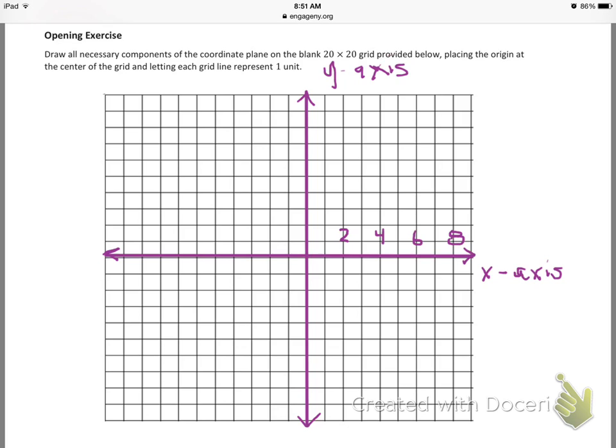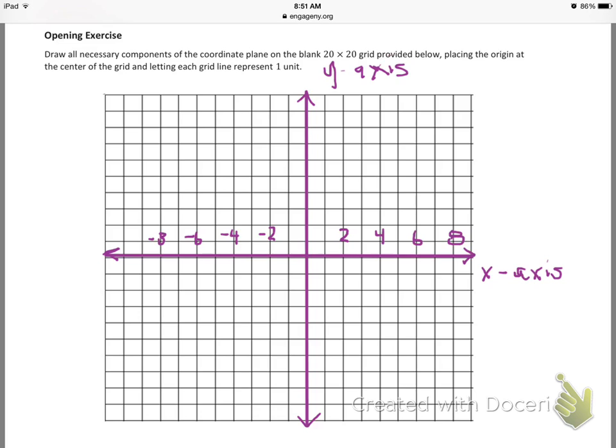Just for the sake of space, I could write in the numbers for 1, 3, 5, and 7, but it would get a little tight. So let me do a -2 here, and a -4 there, and a -6, and a -8, etc.